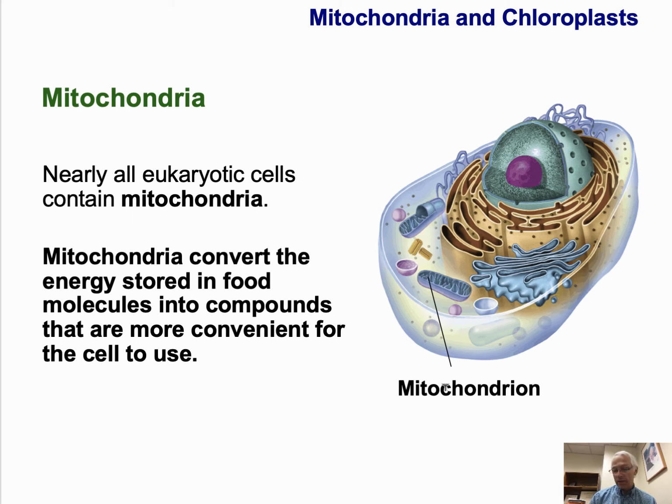Again, we're going to talk about that in some detail later on, but mitochondria is sort of the powerhouse of the cell, the power plant where useful energy is made from raw materials energy.